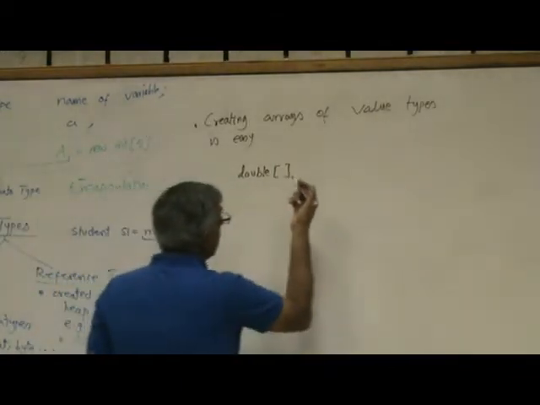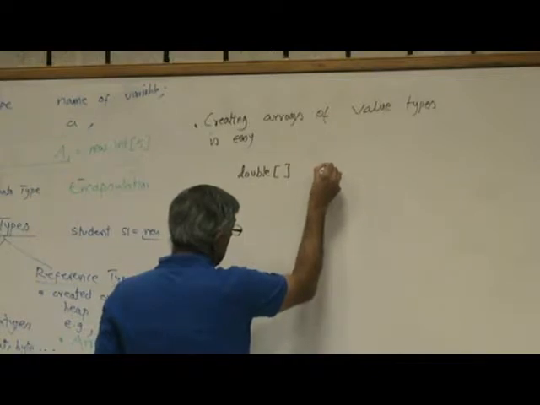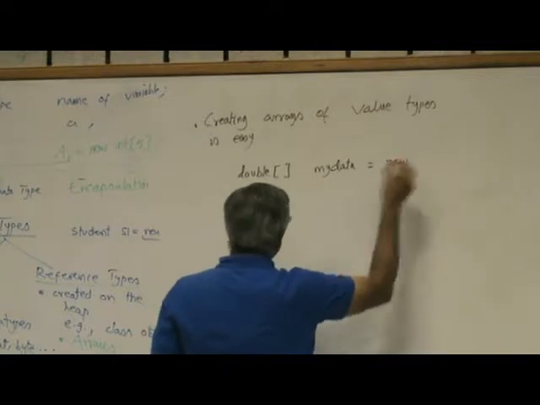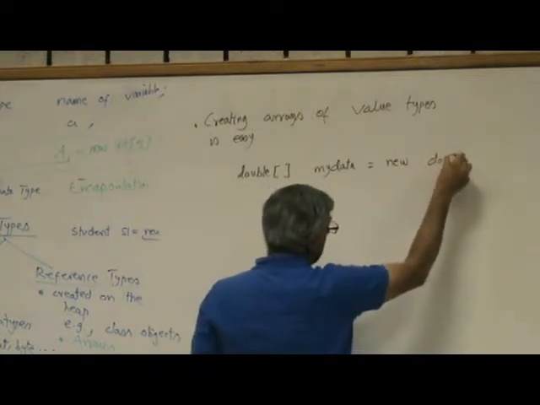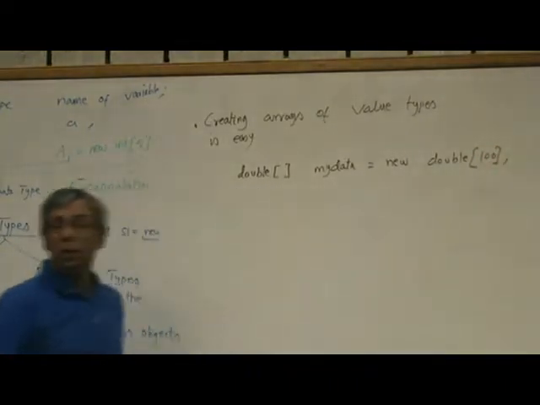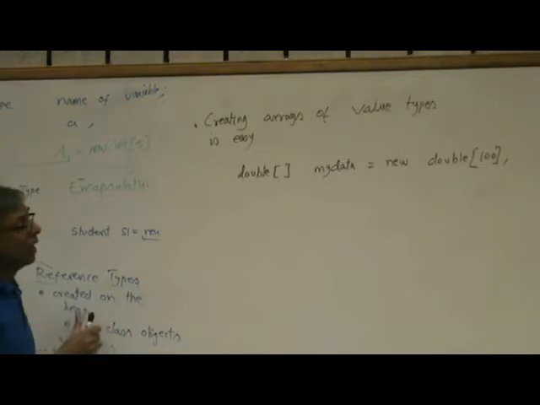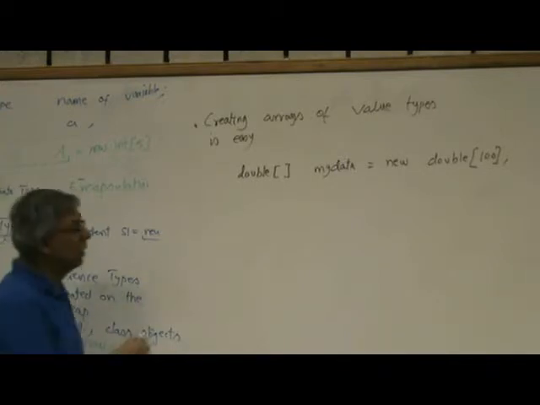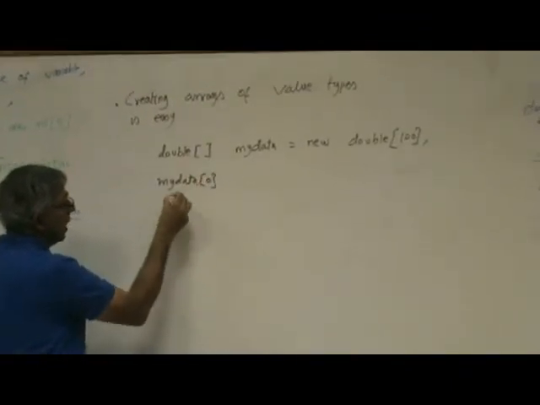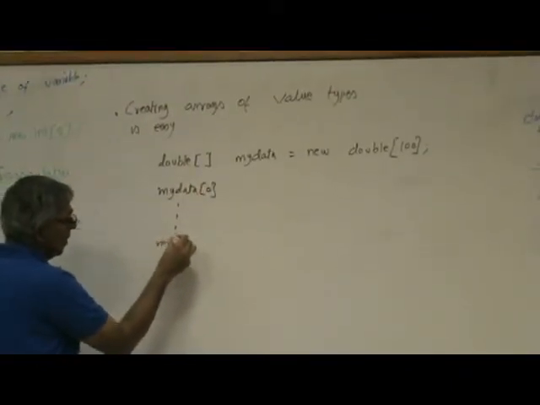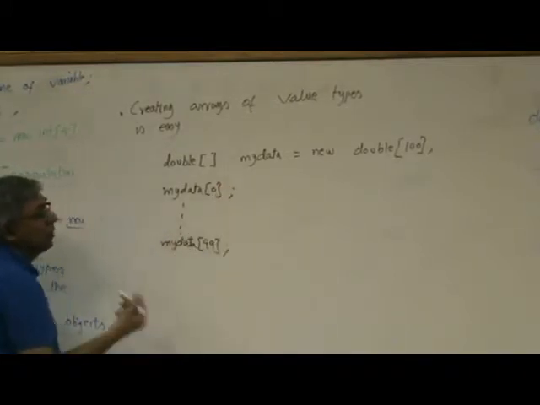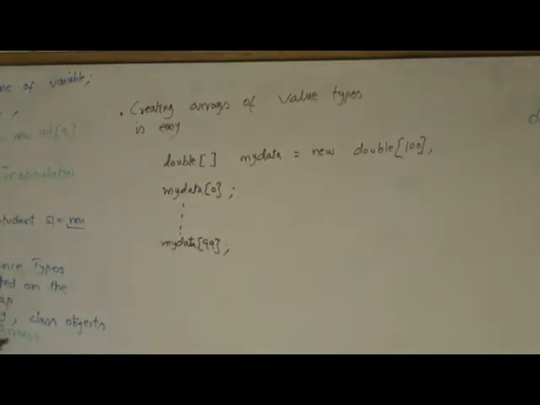Now you can pick the name of the array, for example, my data equal to new double of 100. How many memory locations will it give you? 100. First memory location will have an index of 0, my data of 0, and the last one will have my data of 99.